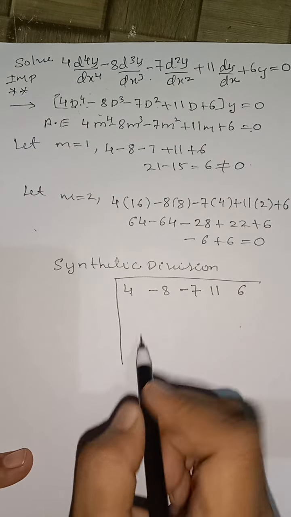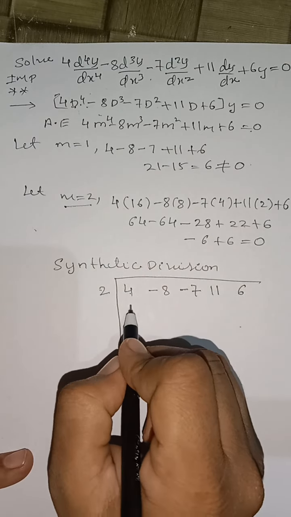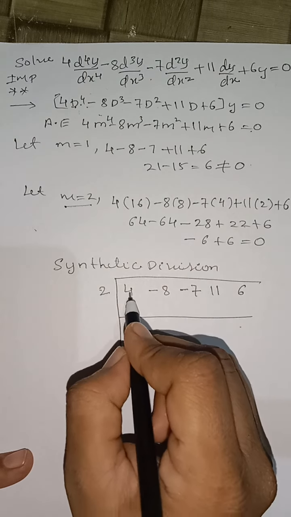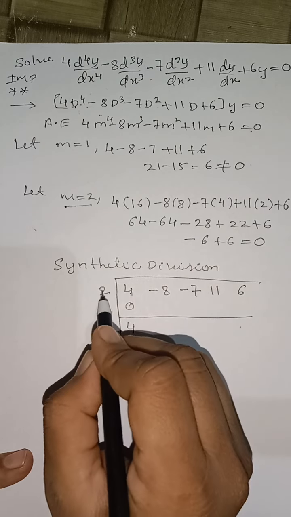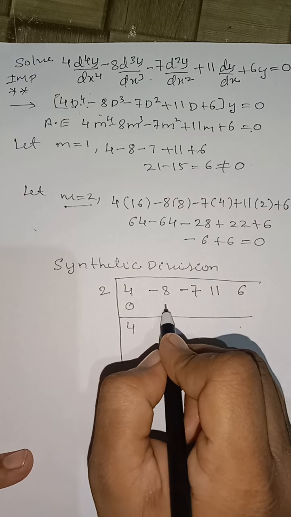Then here we have got m equals 2 as the root, so place it here, then place 0 over here, then go on adding: 4 plus 0 is 4, then multiply 2 into 4 is 8, so place that 8 here.